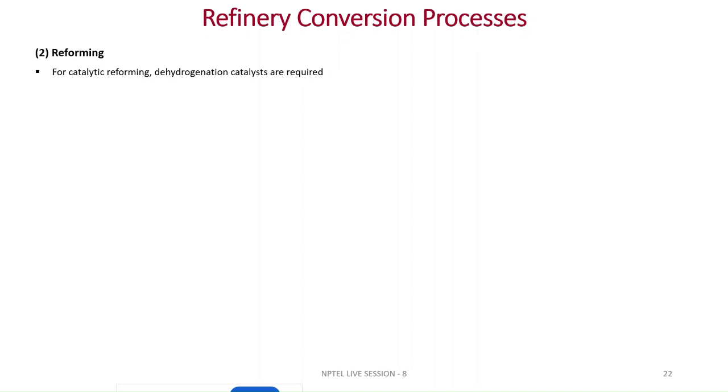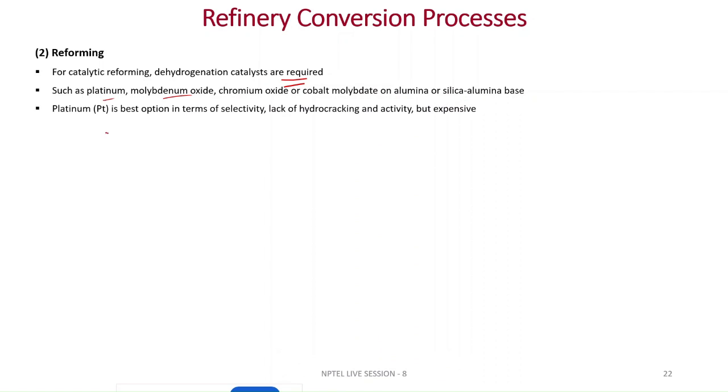Other important highlights: for catalytic reforming, dehydrogenation catalysts are mainly required, and that catalyst may be platinum, molybdenum oxide, chromium oxide, cobalt molybdate, alumina and silica alumina base. So platinum is the best option in terms of selectivity, but it lacks hydrocracking activity and is also expensive.